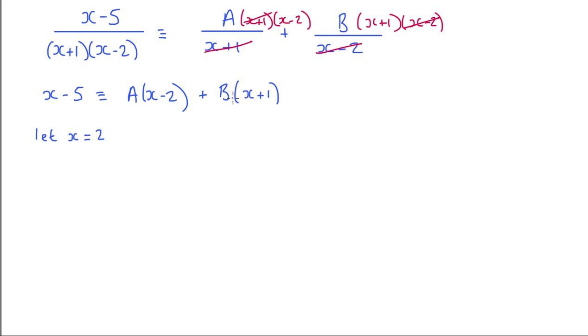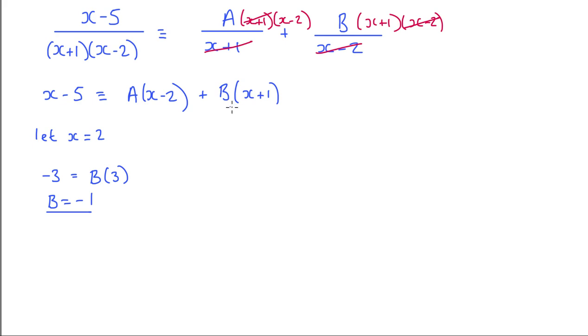That's going to allow us to work out the value of b. So when x is equal to 2, the left hand side will be equal to negative 3, and the right hand side will be equal to b lots of 2 plus 1, so 3. And if you solve that little equation, we'll find that b has to be equal to negative 1.